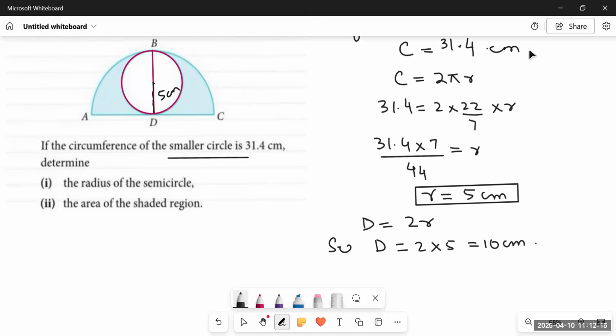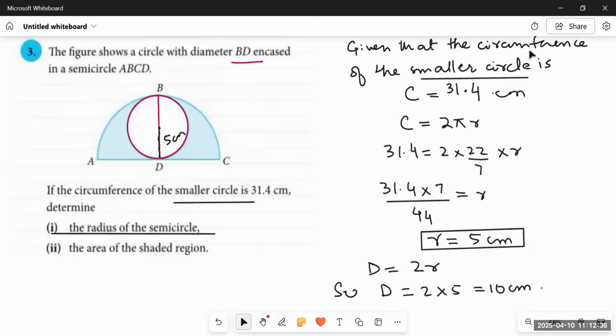So you see, if the circumference of the smaller circle is given, we can easily find its radius and its diameter. Now, they are not asking us the radius or the diameter of the circle. They are asking us to find the radius of the semicircle. Okay. From the question, they have given us the diameter BD encased in a semicircle.